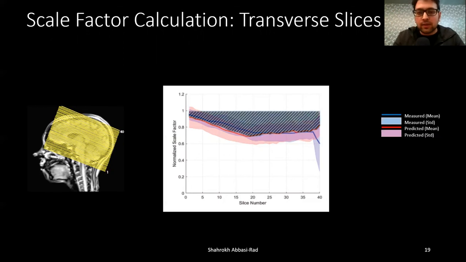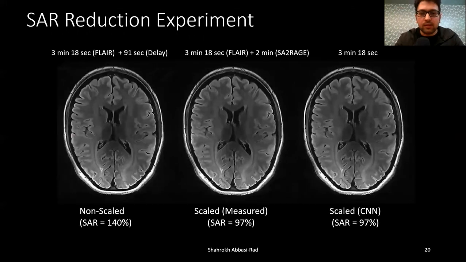And with these scale factors, we could save this amount of energy. And these are the FLAIR images in 3 different modes. Here is the non-scaled mode, where the pulse is overdriven and the power of the pulse is the same for all the slices. And you can see that we exceed by 40% in the SAR.